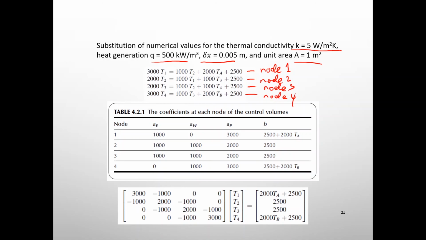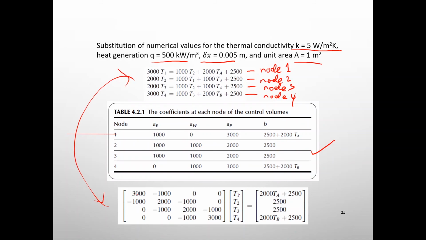So it can be written like this as well, listed down for nodes 1, 2, 3, and 4: what are all the coefficients AE, AW, AP, and B for each of these nodes? Or you can also write it down in terms of a matrix. It's basically the same thing as this.